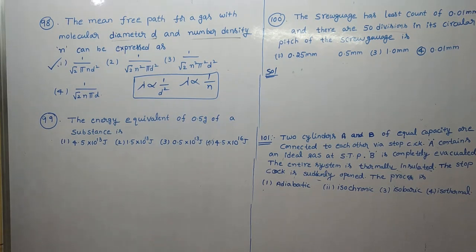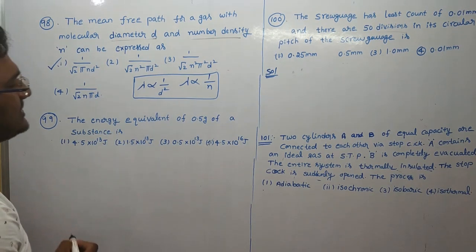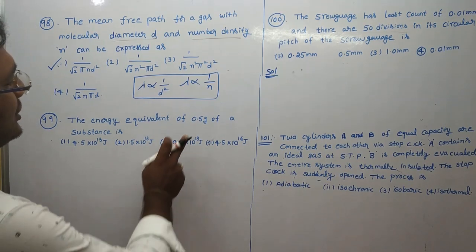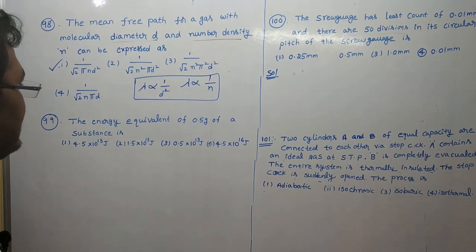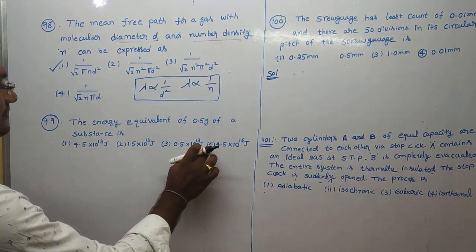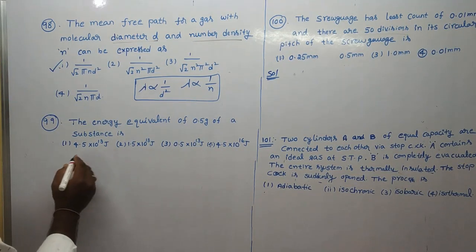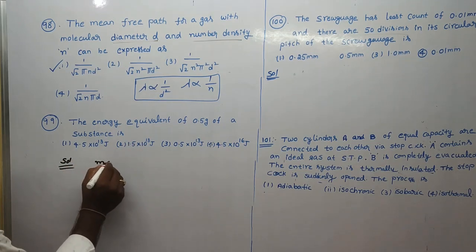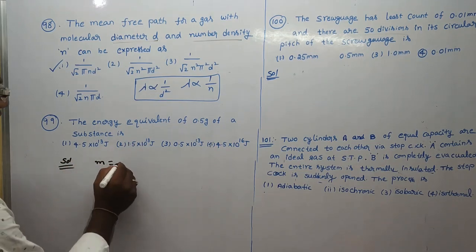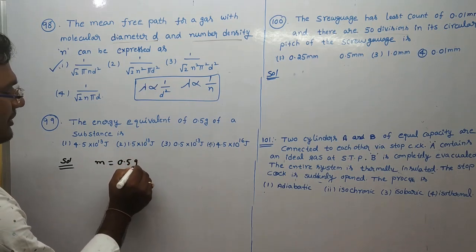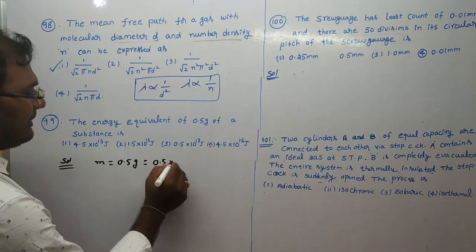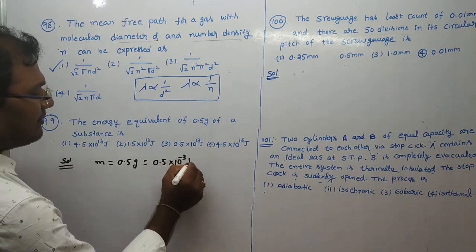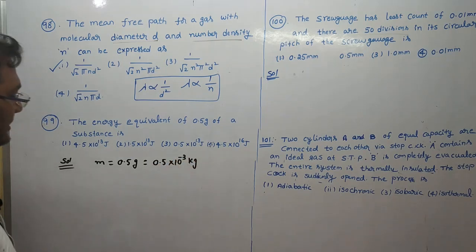The next question is the energy equivalent of 0.5 grams of a substance is. Solution: given that mass of the substance m equal to 0.5 grams, that equal to 0.5 into 10 to the power of minus 3 kg.